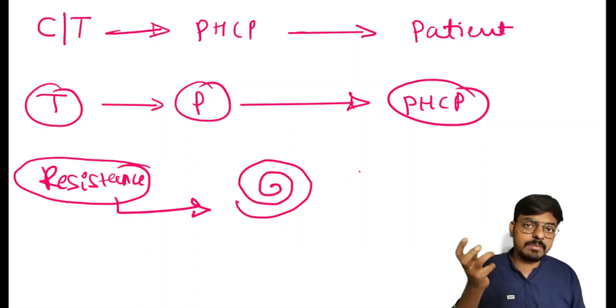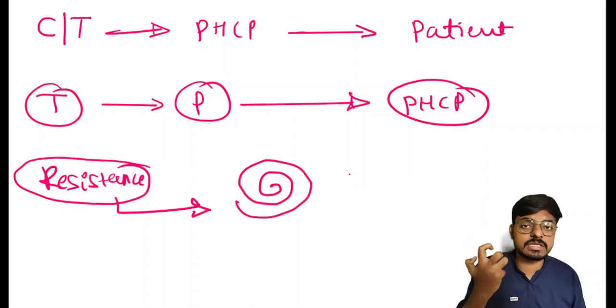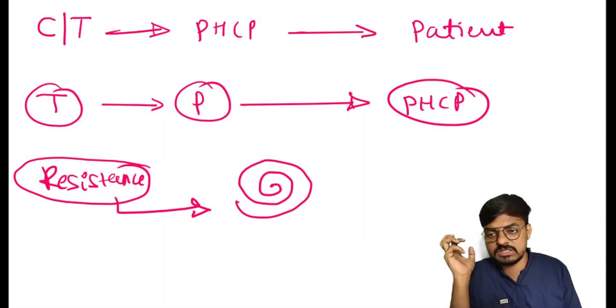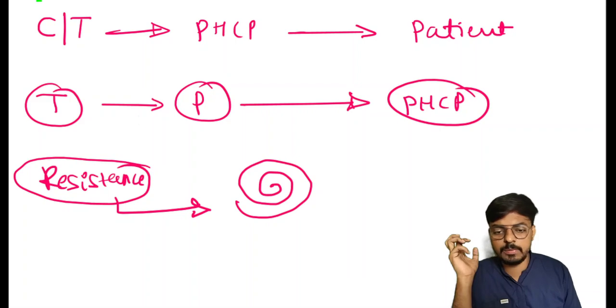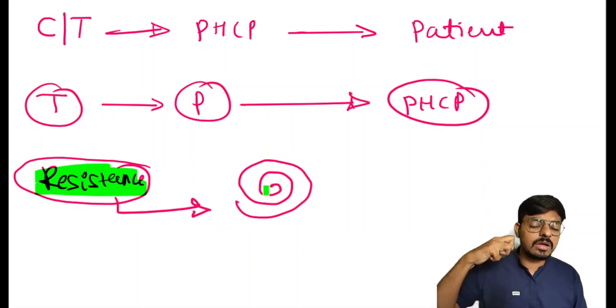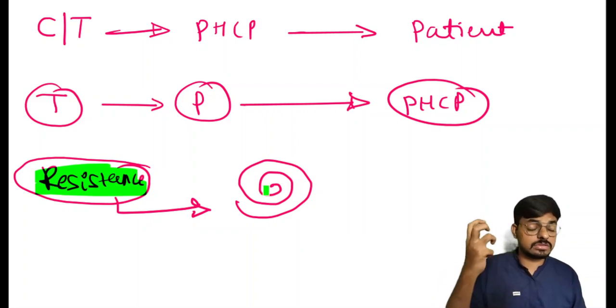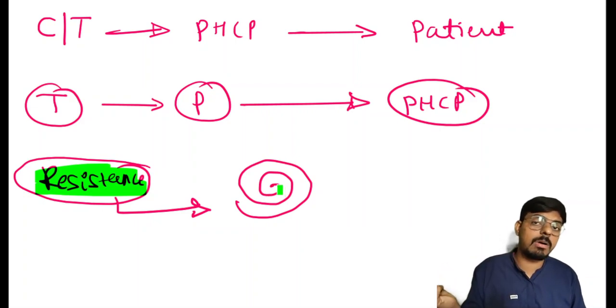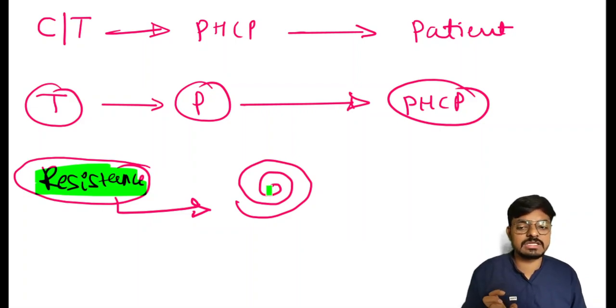The symptoms will come back again. The patient unknowingly shows the symptoms back again. So that is what we call resistance. Very importantly, you people understand that resistance is a block in the communication, a block in the nurse patient therapeutic relationship where the patient begins showing all the symptoms back. So that is resistance.